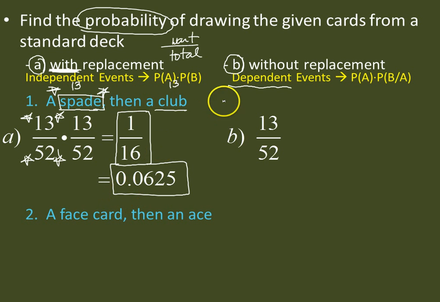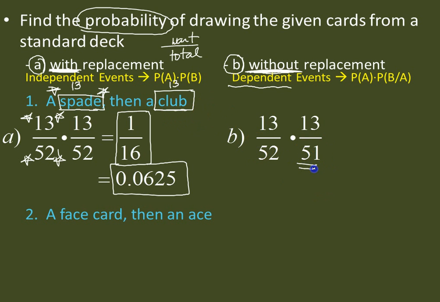But now when I talk about without replacement, this dependent event, I take a spade out of the deck. That's what this is doing right here. I'm drawing a spade. So if it's without replacement, if I do not put that spade back, what are my chances of drawing a club going to look like? There's still 13 clubs because I drew a spade out. So there's still 13 clubs, but are there still 52 cards in the deck?